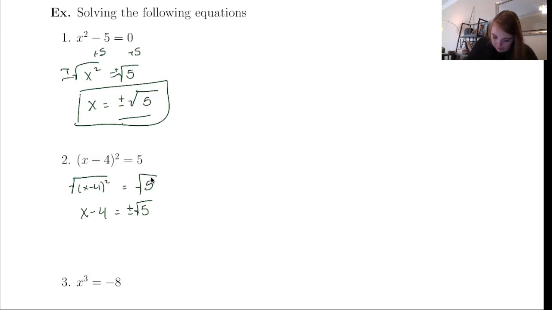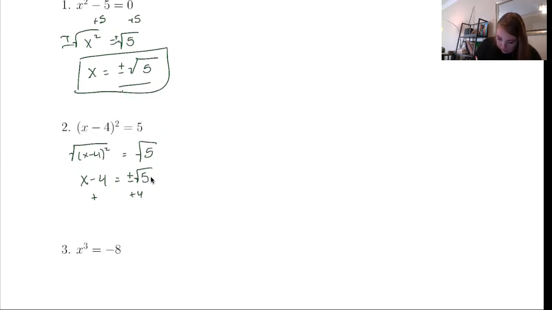So now I need to get rid of things that are added and subtracted from x. So to get rid of that 4, I'm going to add 4. And I can't add 4 to plus or minus square root of 5. So all I'm going to do is write 4 plus or minus, because that plus or minus means add or subtract square root of 5.